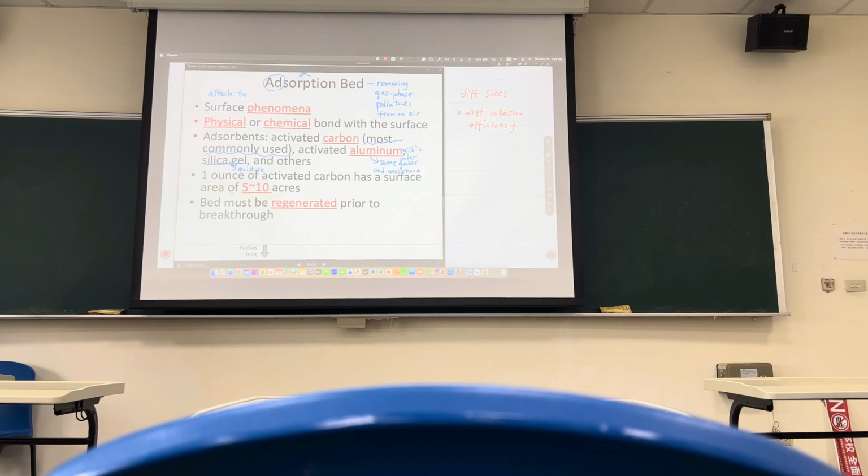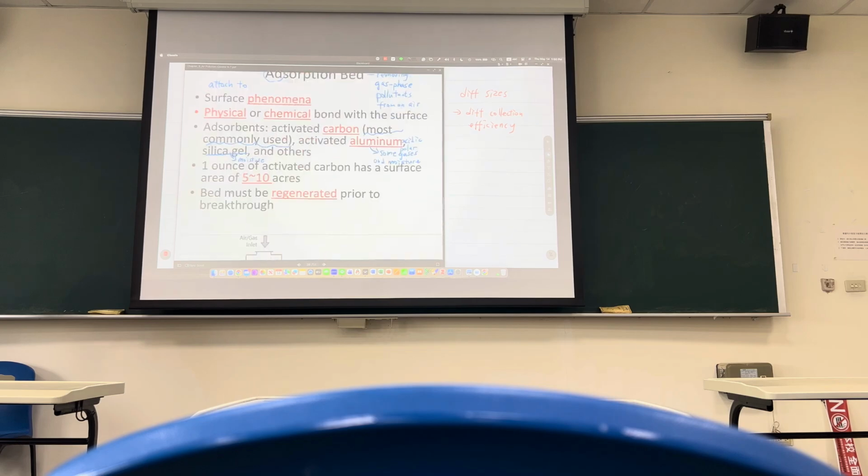And keep this in mind, those adsorption beds must be regenerated or renewed prior to breakthrough. Understand? Everyone okay?